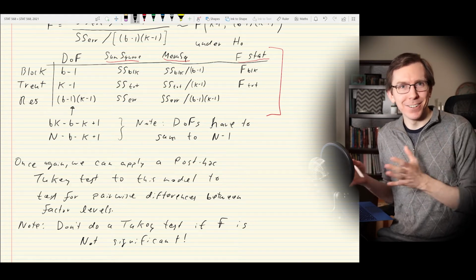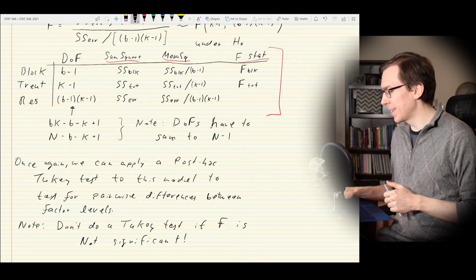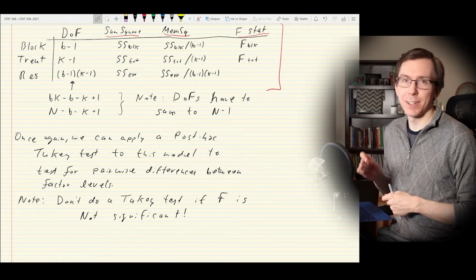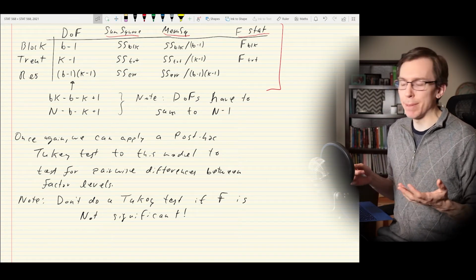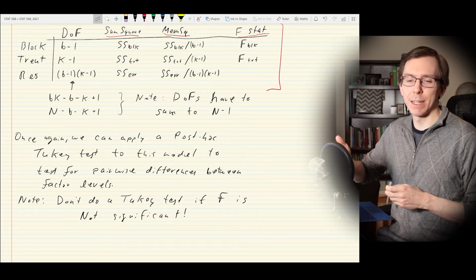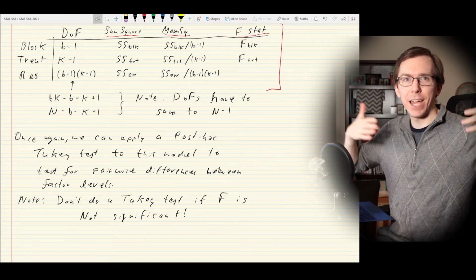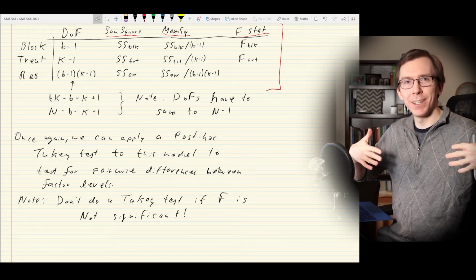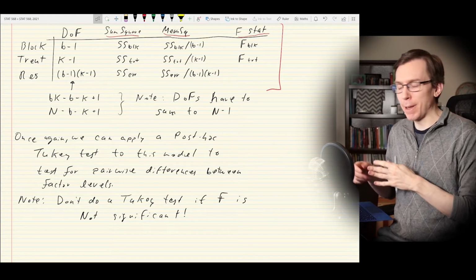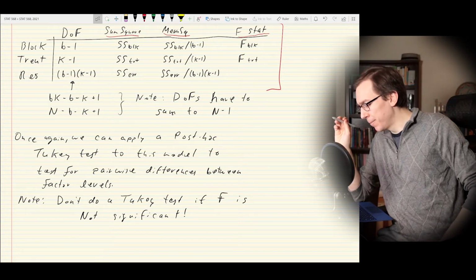So it doesn't make sense to go and test for differences in the factor levels after that. It's a little subtlety, but it's really important to be aware of, because it doesn't make sense to run some of these tests if you don't first reject the global null. It doesn't make sense to test all of these pairwise ones.